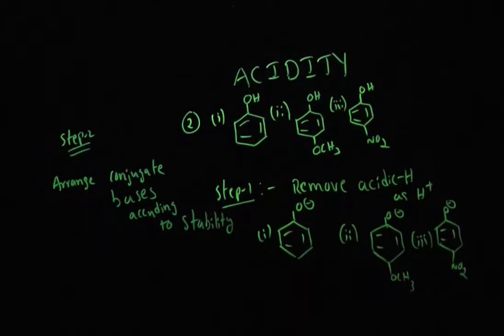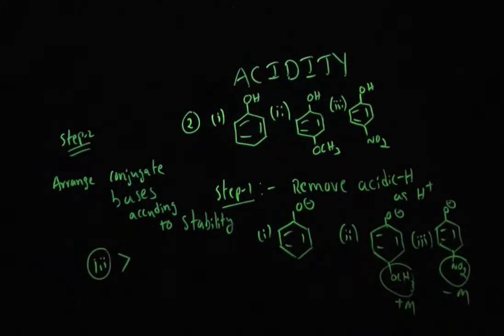If there is any minus M group, it will stabilize the negative charge. If there is any plus M group, it will destabilize the negative charge. You can see in the third option there is a minus M group. That means this minus M group will stabilize the oxide negative charge. So the third one will be the most stable.